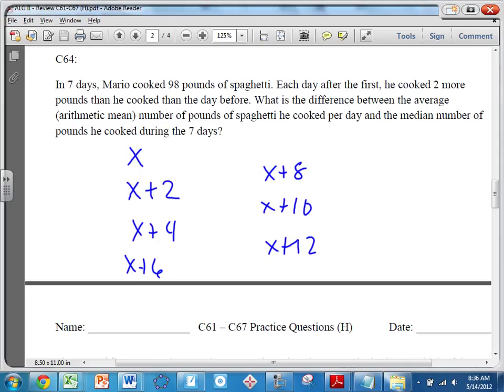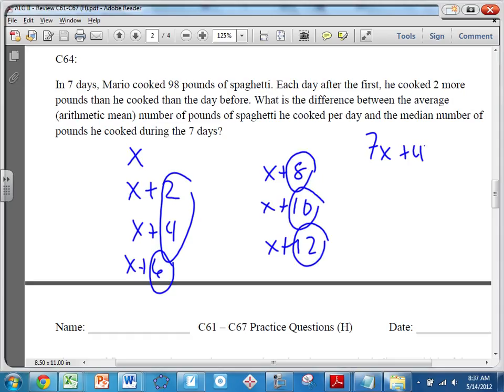I see that there are 7 X's, and if I add all the numerical values up, I get 6, and 6 is 12, and 20, and 42. 42. Good thing I checked. So that's where we're at right now.